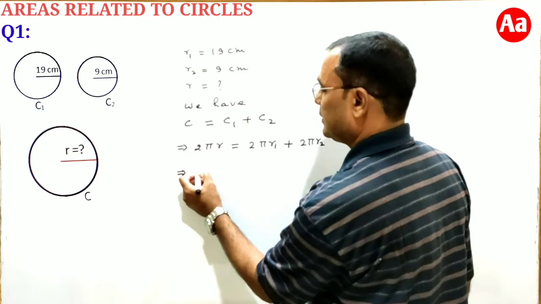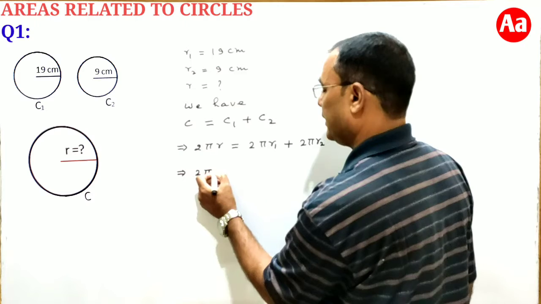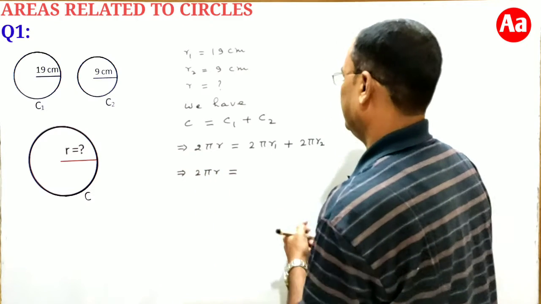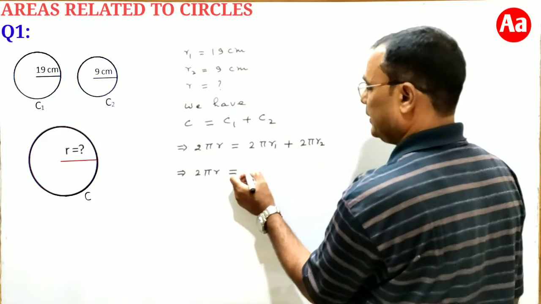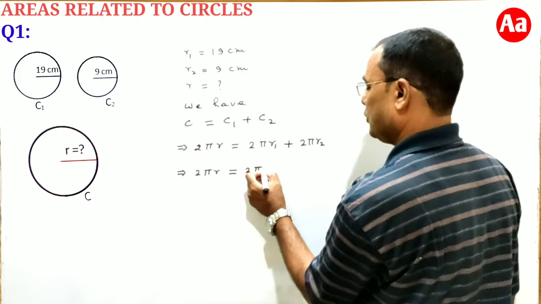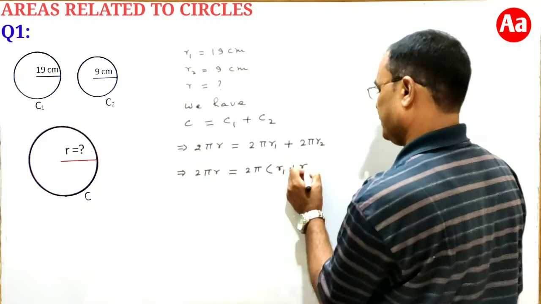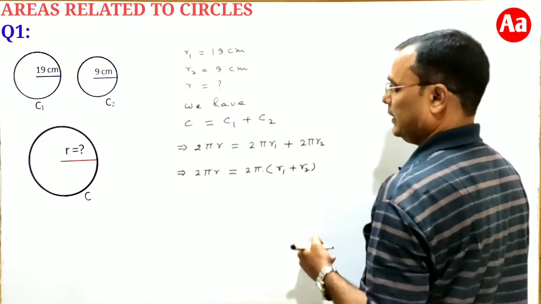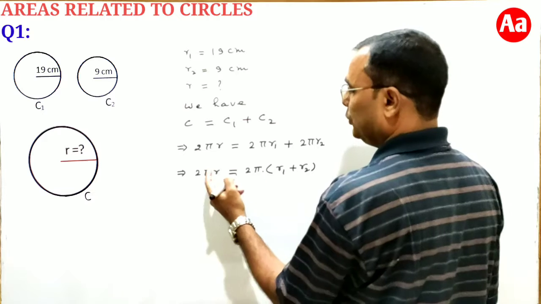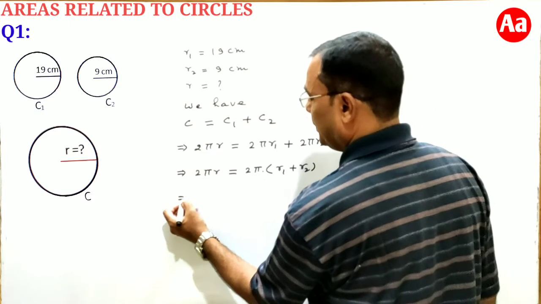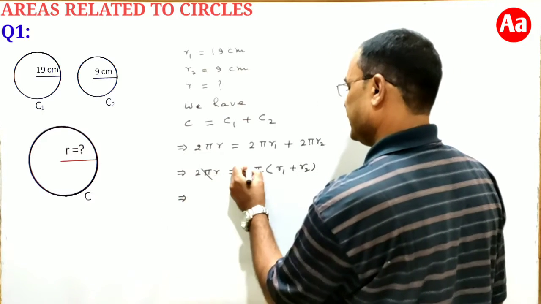This implies 2 pi r is equal to, from right side 2 pi is taken common, and r1 plus r2 in the bracket. From both the sides 2 pi is cancelled.